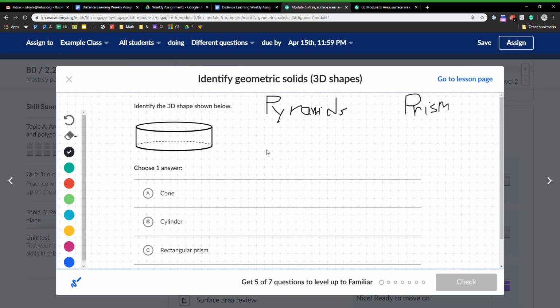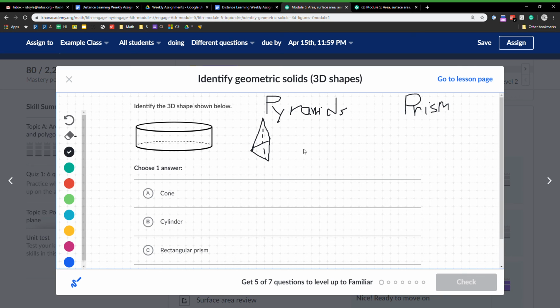Both of these get their name based on the shape on the bottom. If you have a triangle on the bottom and it goes up to one point, this is a triangular pyramid.